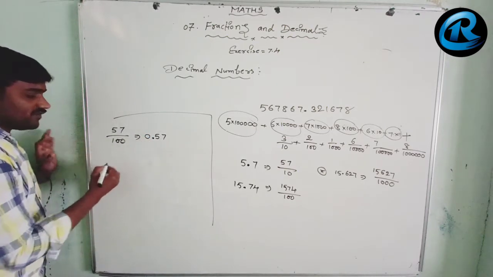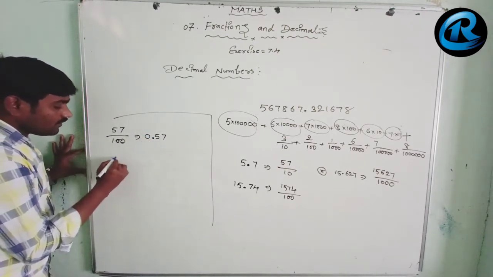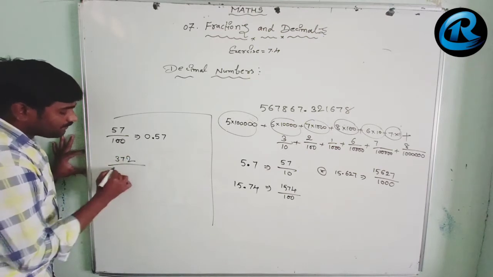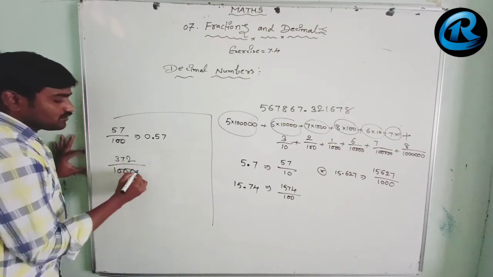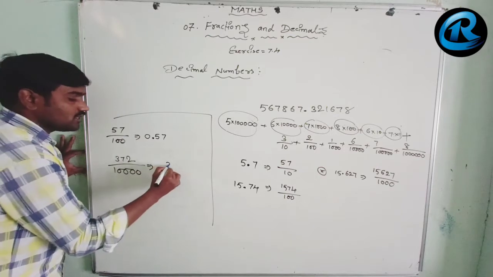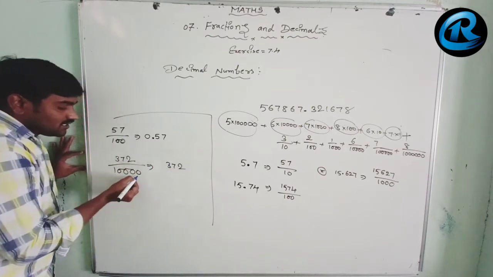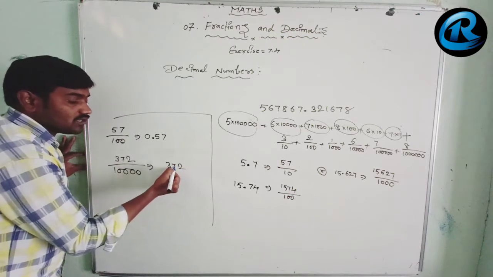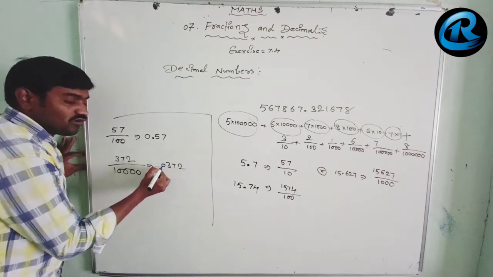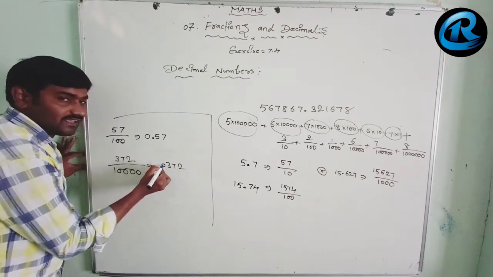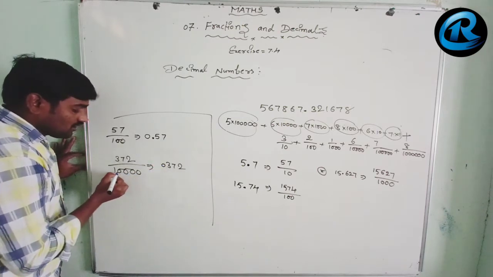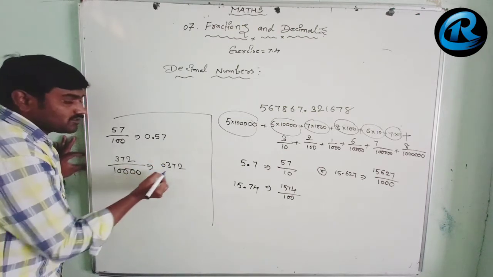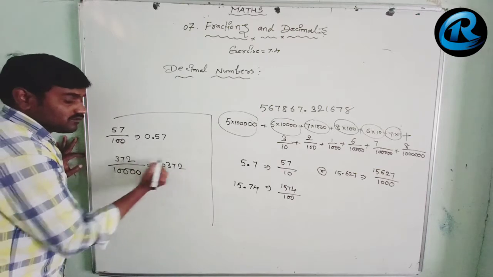Suppose here 372 by 10,000. What we have to do? Write this 372 as it is. See that in the denominator there are four zeros. Count four digits from the right side: 1, 2, 3 and 4. The fourth digit is not there, so we keep a 0 like this. Only four zeros, so we count 4 digits for the numerator.